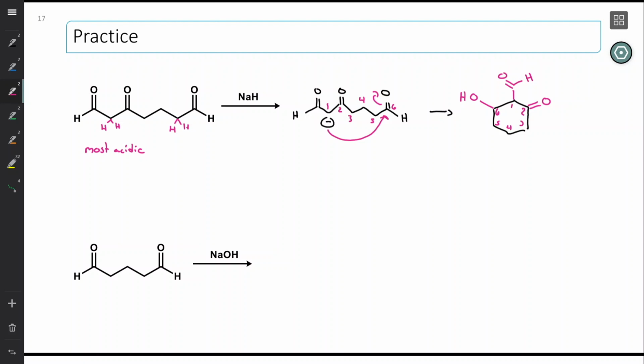Let's try the next one. Now this one is symmetrical, so I could form an enolate here or here. It would be the same. Let's draw one here. Now if I go ahead and make this intramolecular like this, let's count my carbons, 1, 2, 3, 4.